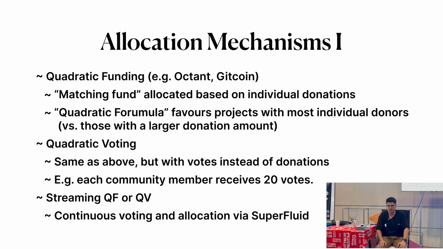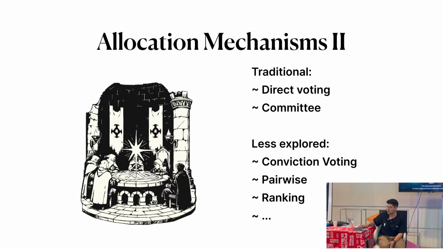We're also trying to experiment with streaming quadratic funding, where you can set up a stream of votes or donations, with a matching fund that also streams funds there, and does it more continuously. I'm excited to try some other mechanisms as well that are currently being explored in the ecosystem.